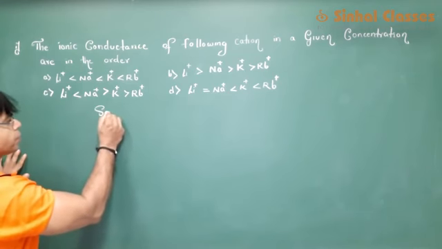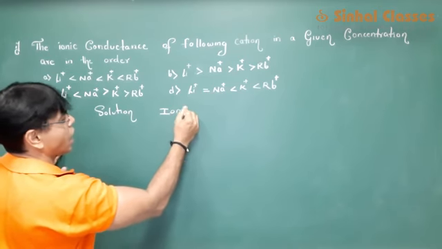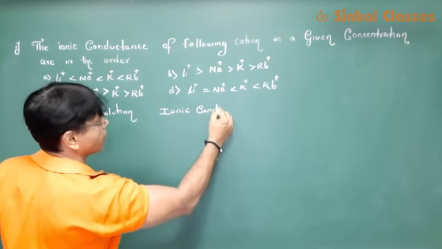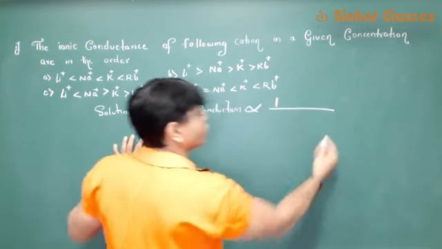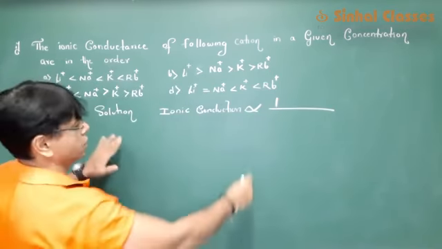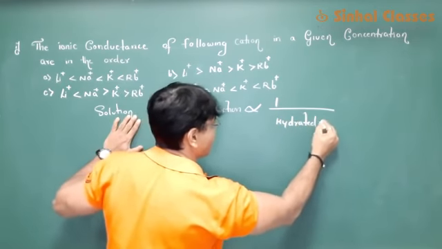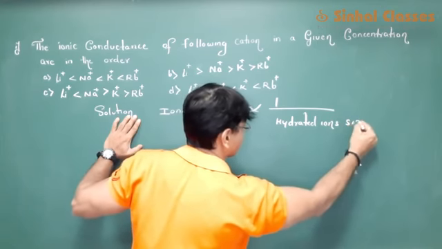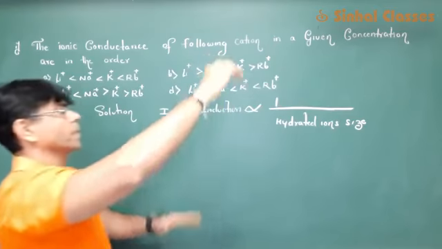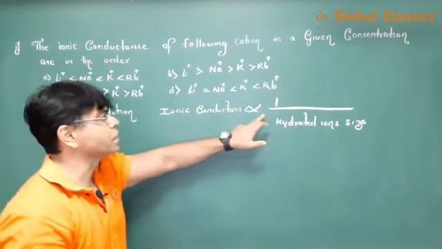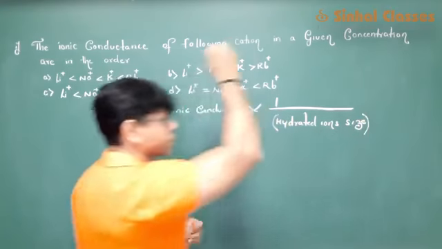Now first of all, the ionic conduction is inversely proportional to the hydrated ion size. Okay, so ionic conduction is inversely proportional to hydrated ion size. Now what is the meaning of this?